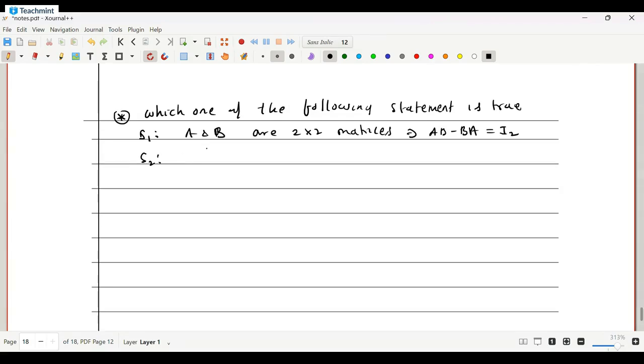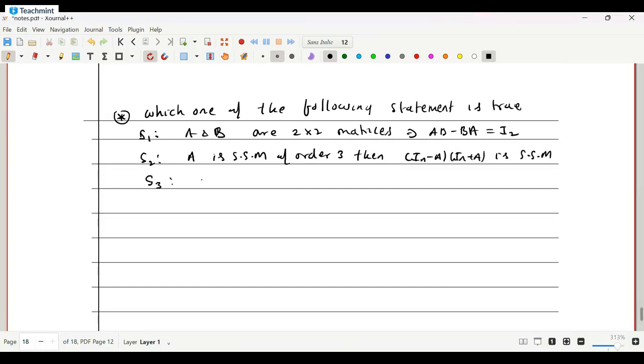Statement 2: If A is skew symmetric matrix of order 3, then In minus A into In plus A is also skew symmetric matrix.